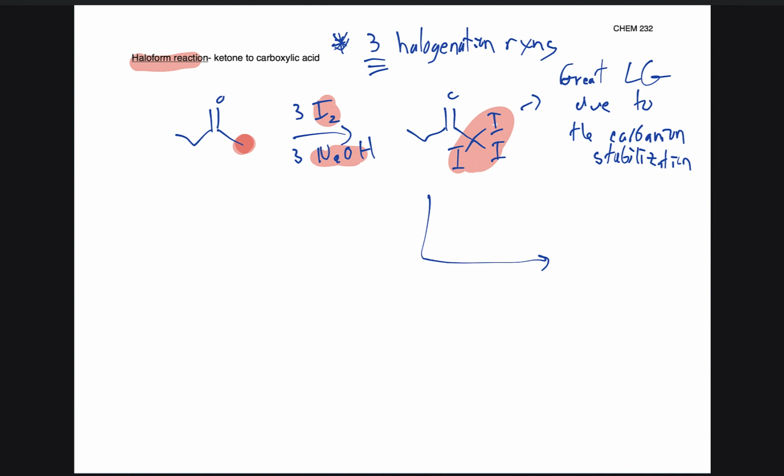And with that, we have this great leaving group. We can undergo hydrolysis, which we learned about in the last chapter, or a multitude of reactions, really. We can have an OH come in, attack that carbonyl, and then now this CI3 is a great leaving group, right?